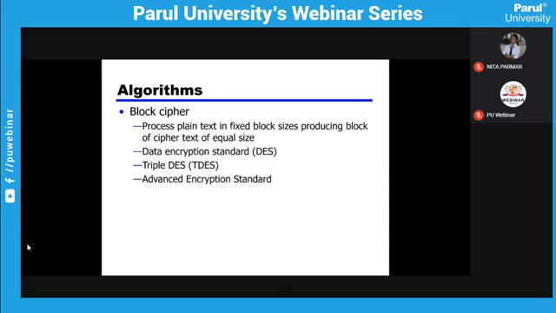So T was coded as A and S. A block cipher processes plain text in a fixed block size, and that many cipher blocks of ciphertext are sent in transmission. So the DES algorithm that we saw earlier, and the triple DES algorithm and the AES algorithm are some of the algorithms.